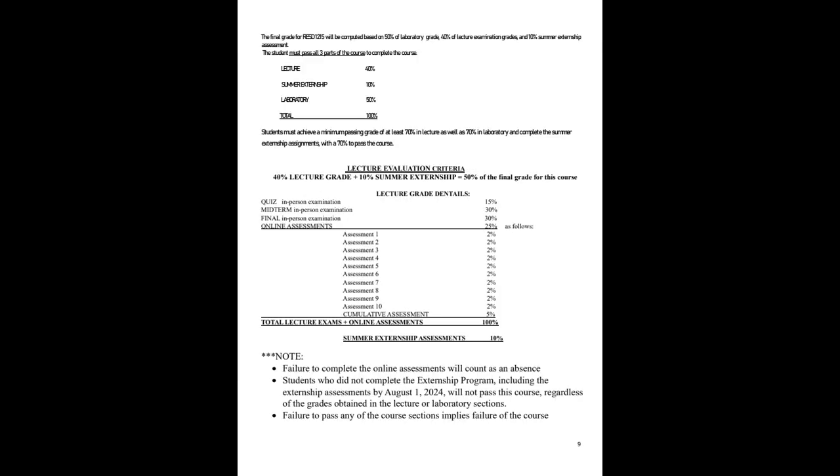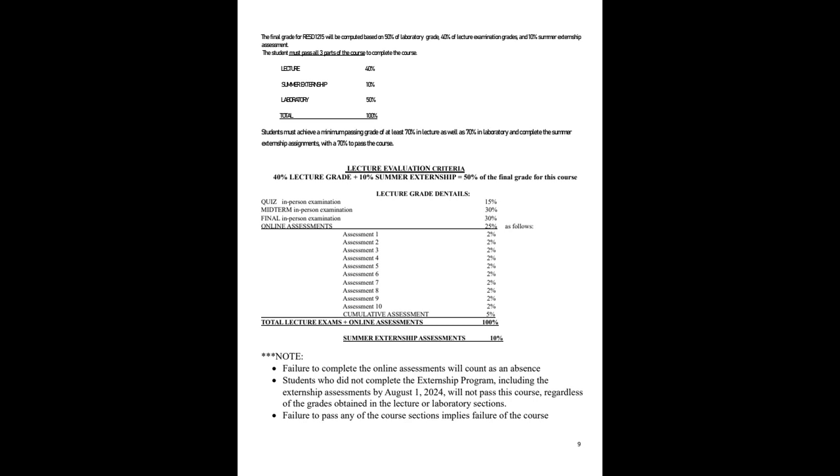Each student will submit an essay documenting his or her experience and activities and complete the externship student survey no later than August 1st, 2024. It's not 2023, it's a mistake there, okay? So those are the goals of the course.